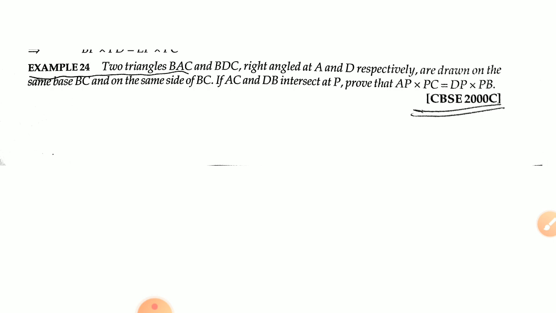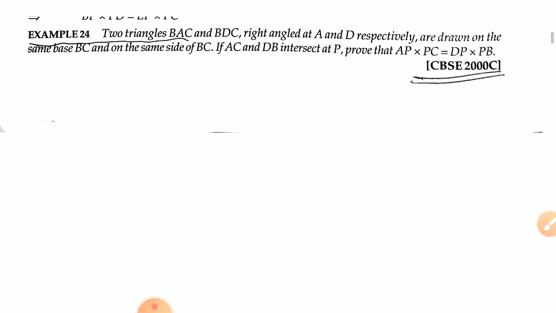If AC and DB intersect at P, then prove that AP into PC is equal to DP into PB.